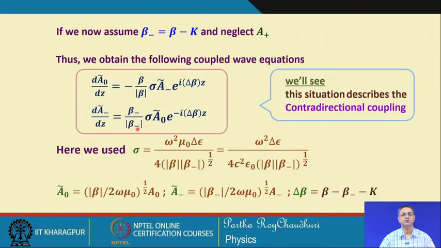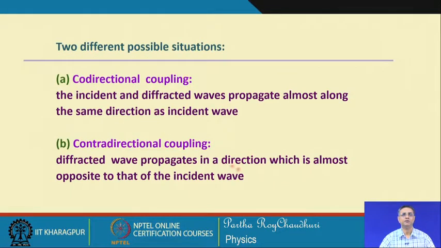So, these are the very simple and direct consequence of the coupled mode equations, where we have used those conditions. Similarly, we get this sigma in this reduced form, and this modified amplitude of the incident beam is this. They are the same, but now it represents the minus order diffraction, and this is your delta beta, the difference of the propagation constants, the z component of propagation constants.